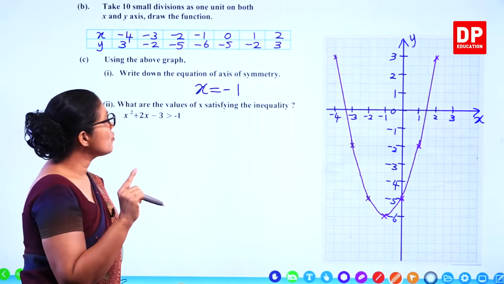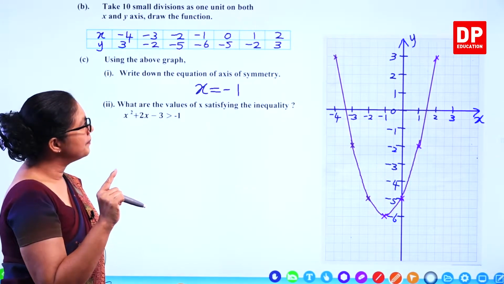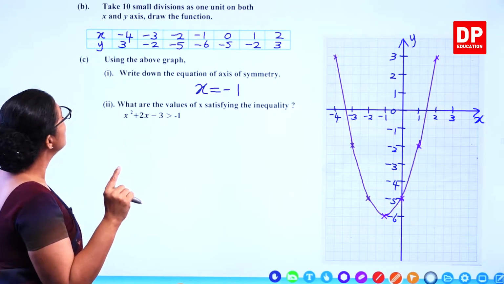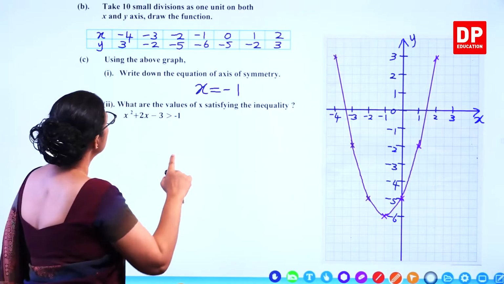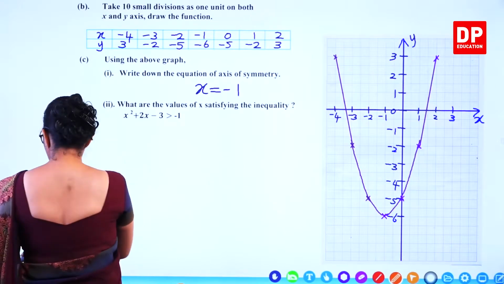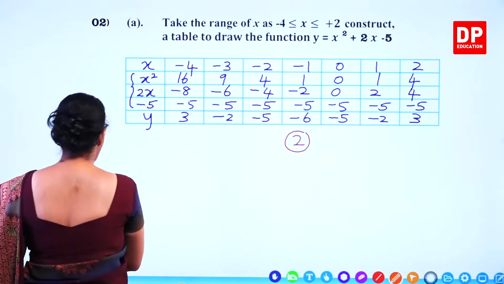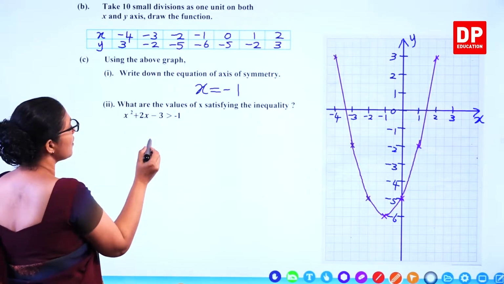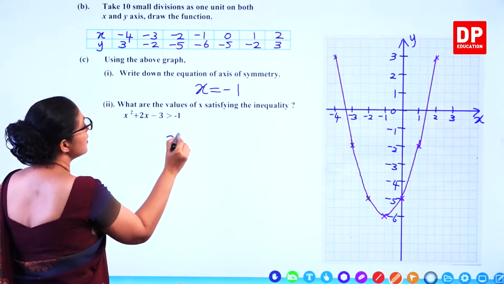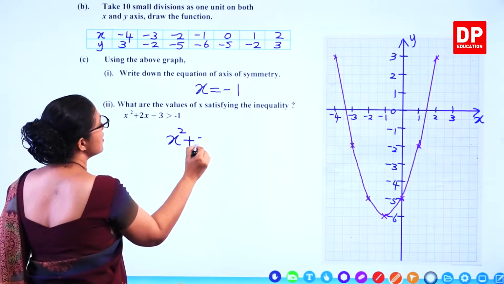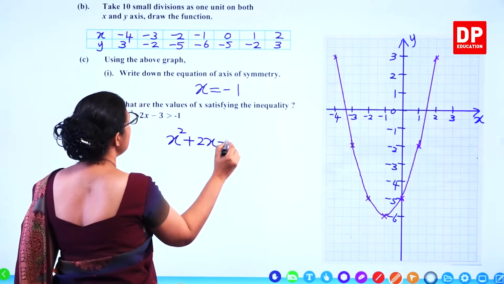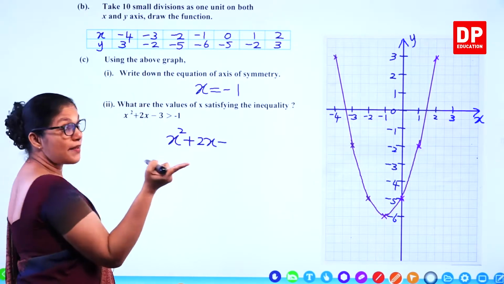What are the values of x satisfying the inequality? So we'll do that. Now here, what's the y value here? X squared plus 2x minus 5. So we'll take x squared plus 2x minus 3. We'll take it to the other side.